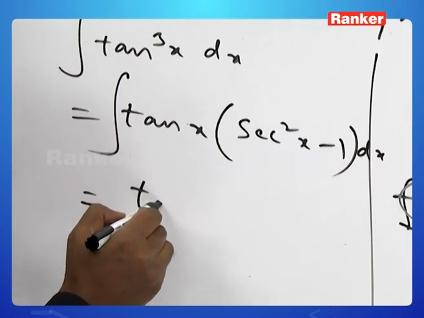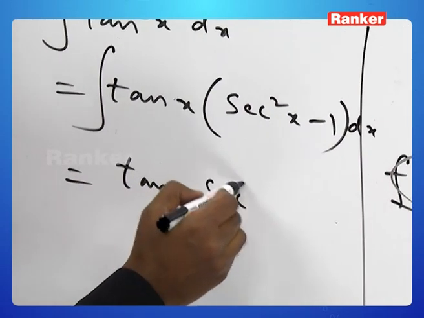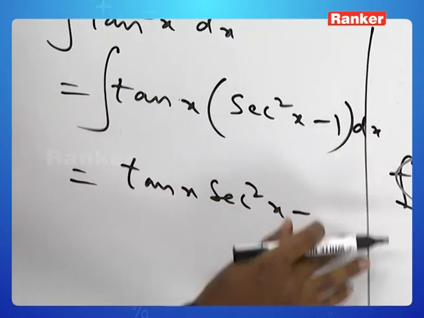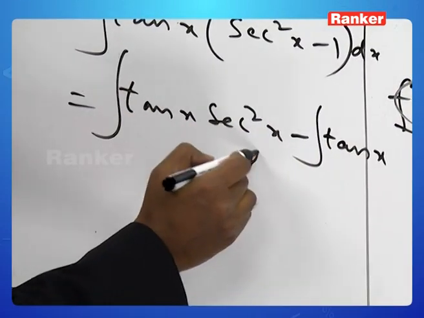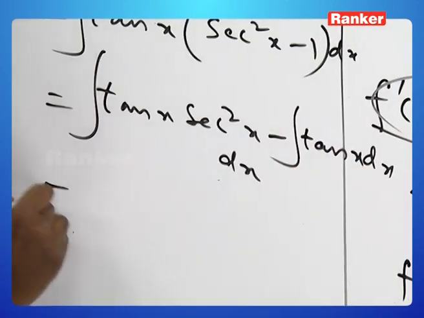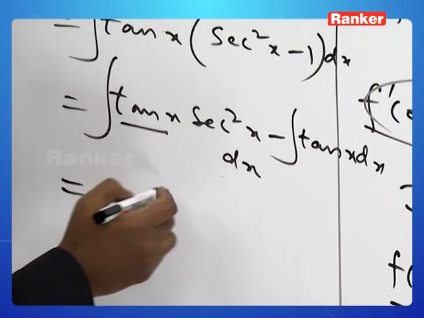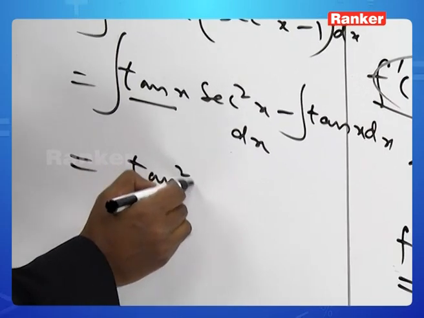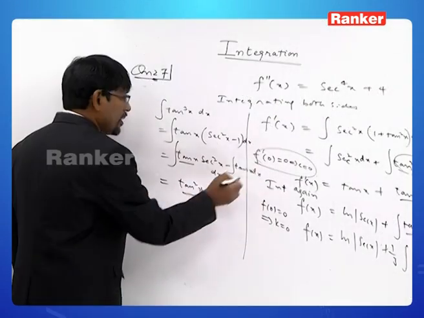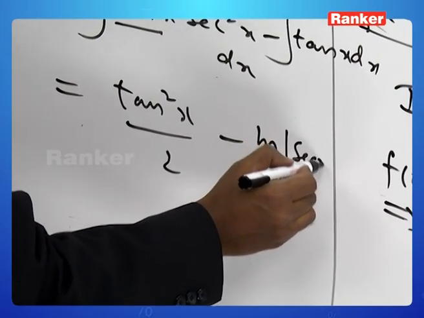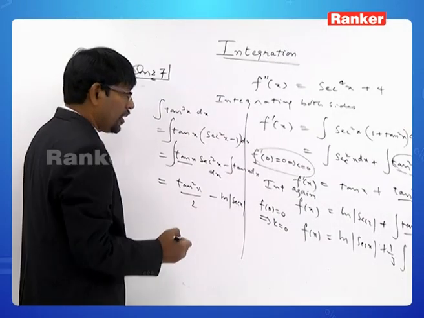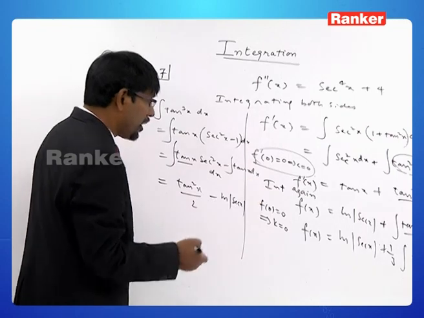Now, this is in the form of tan x into secant square x minus again tan x. Integral of tan x, separate it. What is this now? This is in the form of f of x into f dash of x. So, tan square x by 2 minus, what about the integral of this? Log mod secant x. So, we can substitute it there.